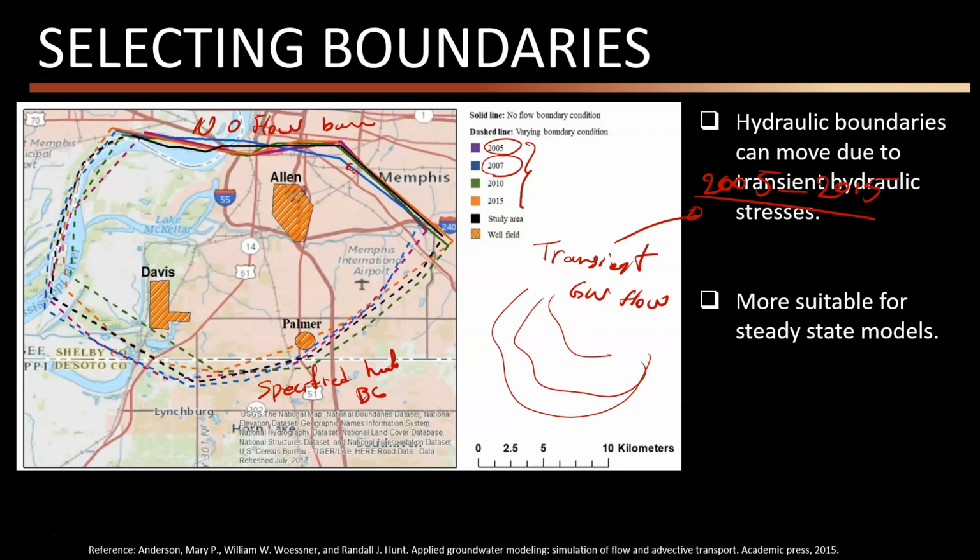For example, the black line shows almost the average location of these boundary conditions.